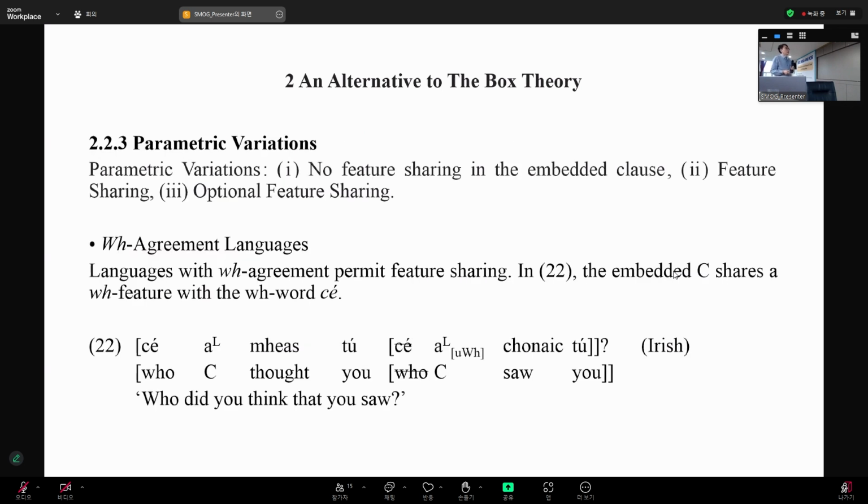Okay, let's turn to parametric variations. In English, I assume that there is no feature sharing between "what" and the embedded C. But in wh-agreement languages like Irish, feature sharing between the embedded C and the wh-phrase must take place. And I propose that in partial wh-movement languages like German, optional feature sharing is permitted.